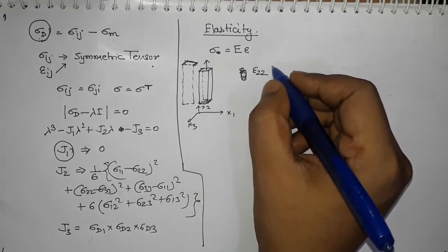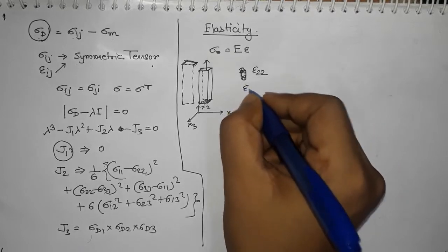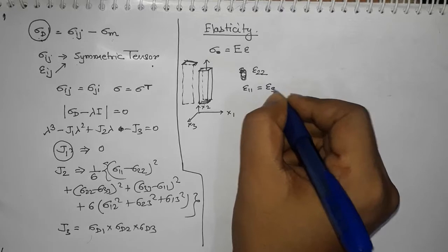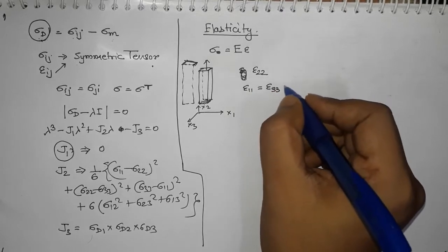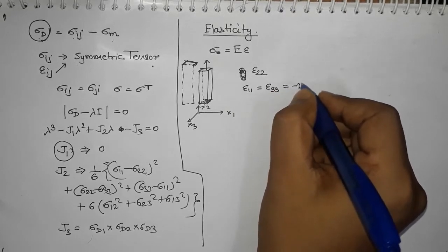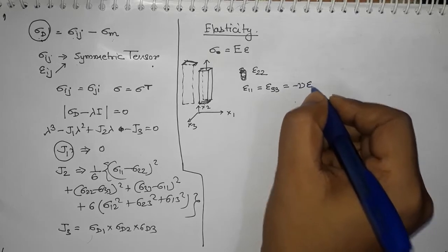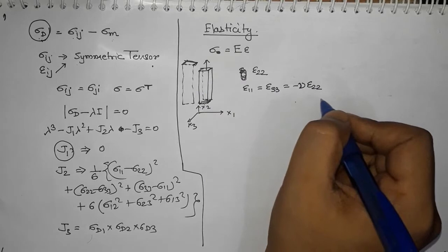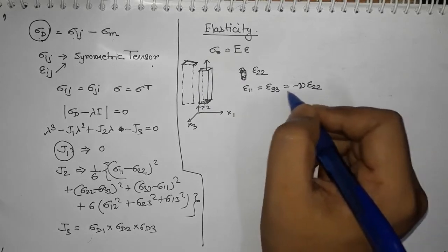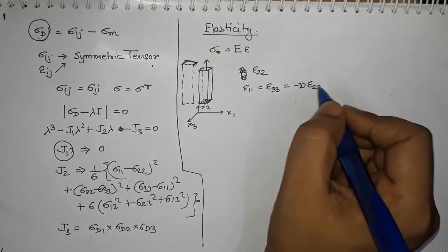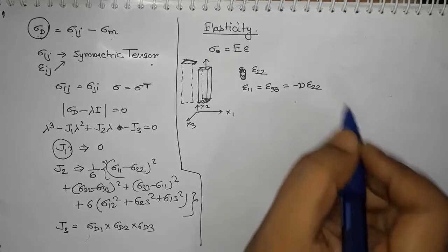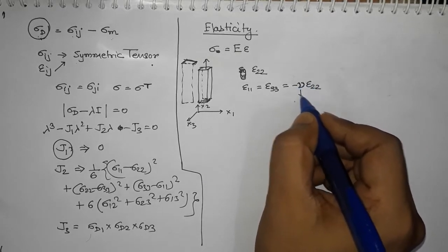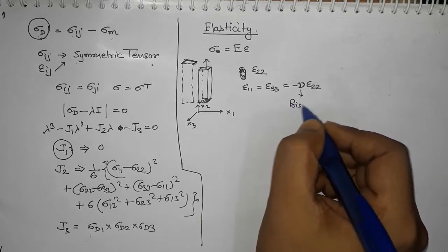So because of contraction, epsilon 1 1 will be equal to epsilon 3 3, which will be equal to minus Poisson's ratio into epsilon 2 2, because we know that this contraction is related to the diametrical contraction. You have read it in your school days, and that's how you calculate Poisson's ratio.